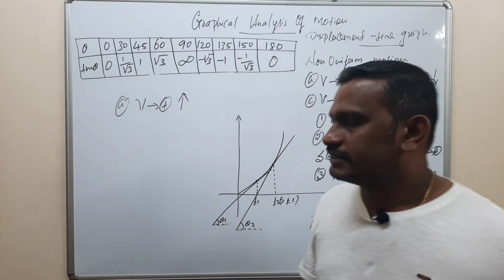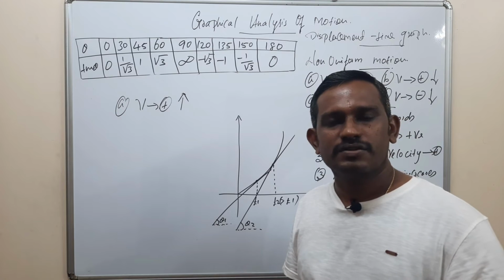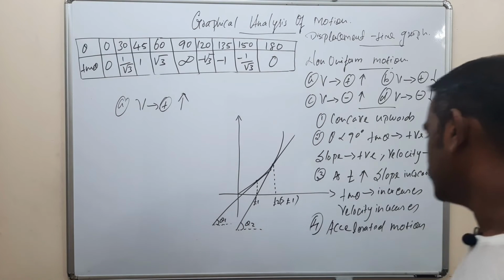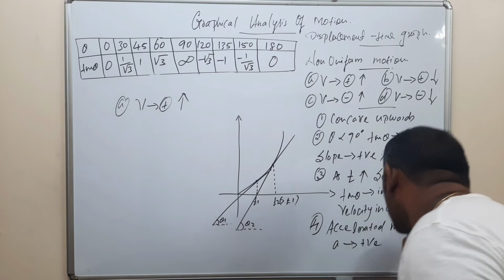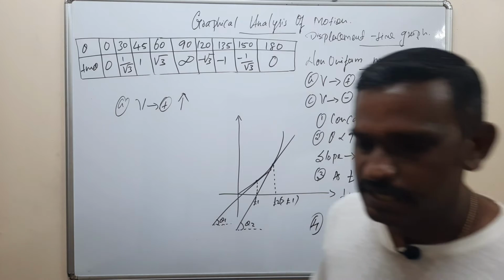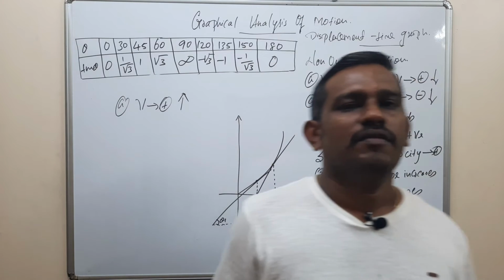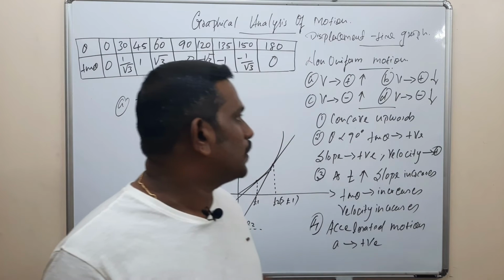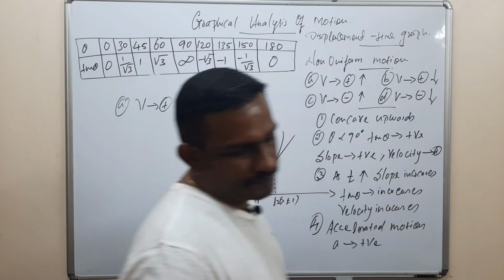So acceleration is positive. Velocity increasing, so it is an accelerated motion. Acceleration is in the direction of the velocity, so acceleration positive. Clear?